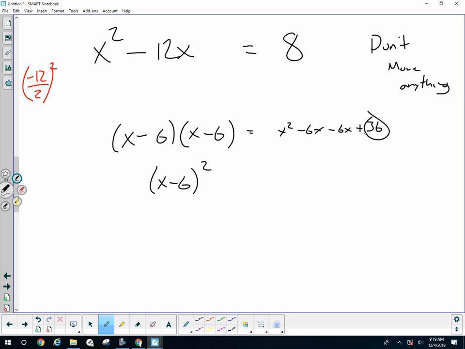That is another way to know that, oh, I should be adding 36 to both sides. And I need x minus 6 because that's how I get the x squared minus the 12x. So, I want to erase this. Add 36 to both sides.